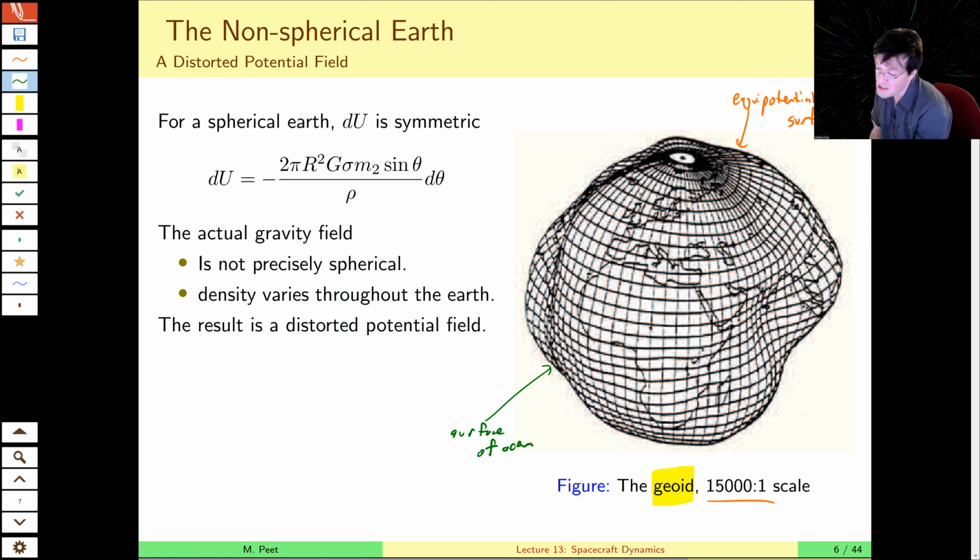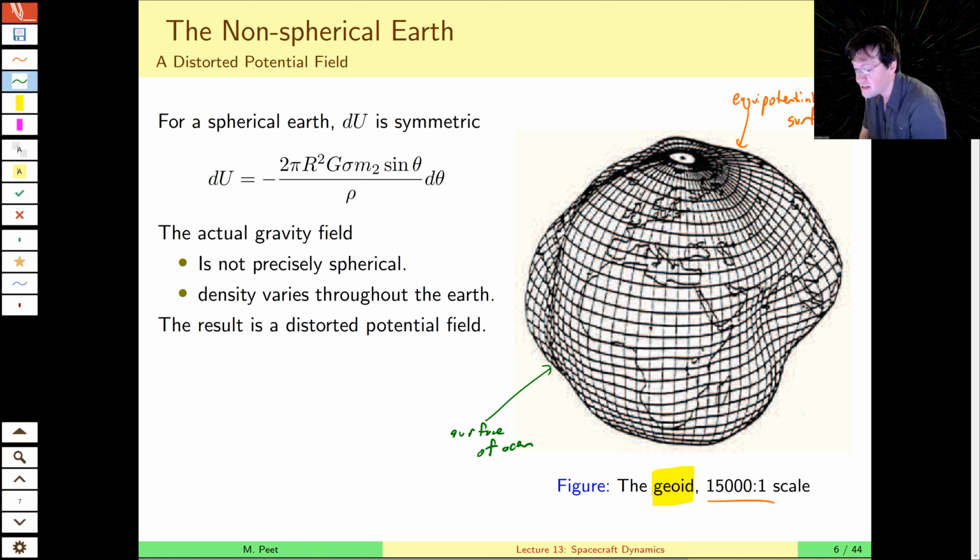And what causes this deformation? Well, there's a few things. So what causes this deformation of the potential surface of the Earth? Well, there's a couple things.